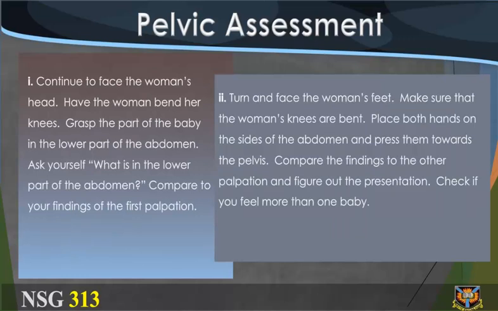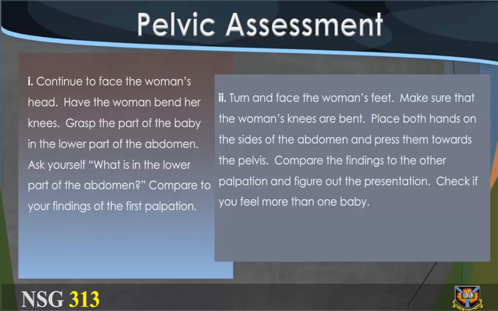1. Continue to face the woman's head. Have the woman bend her knees. Grasp the part of the baby in the lower part of the abdomen. Ask yourself, what is in the lower part of the abdomen compared to your findings of the first palpation? 2. Turn and face the woman's feet.